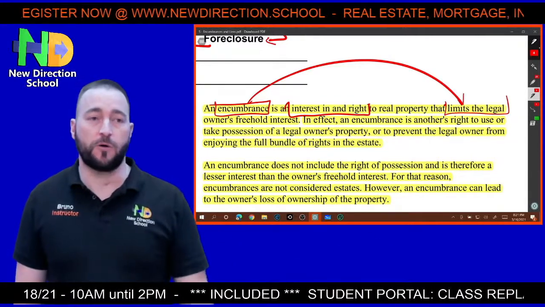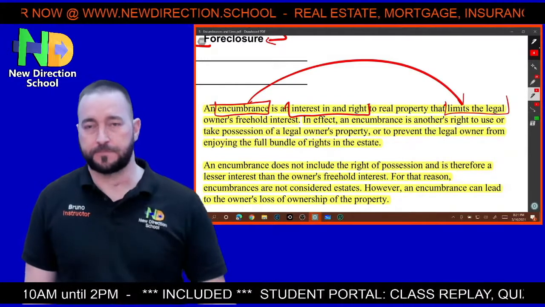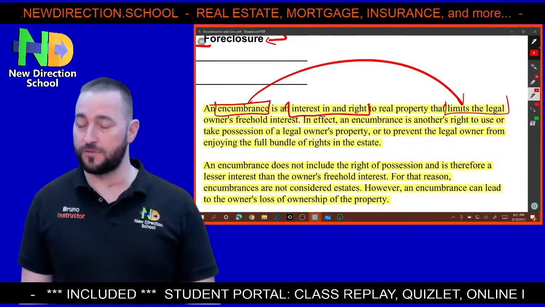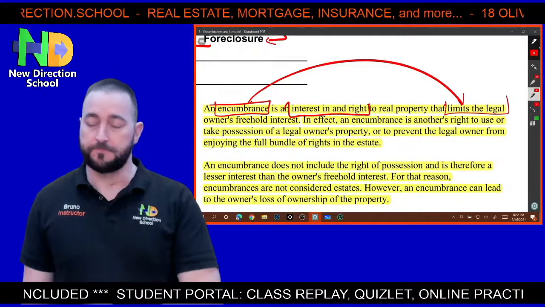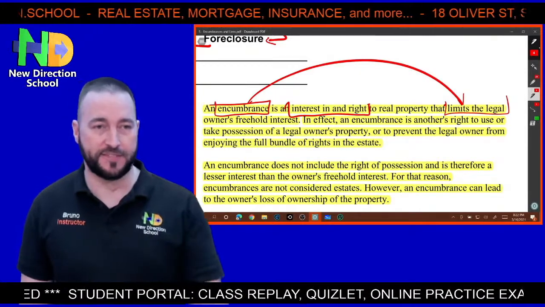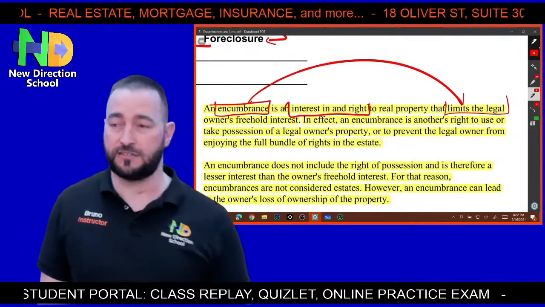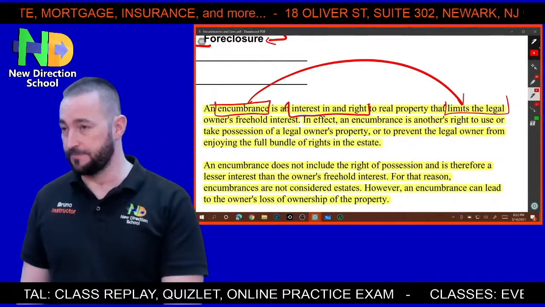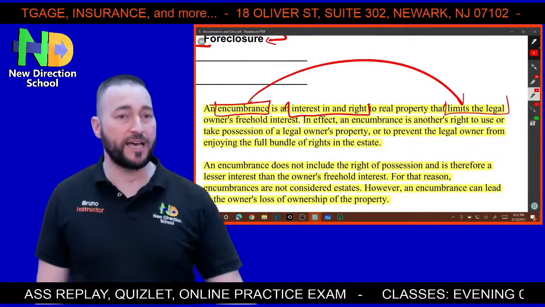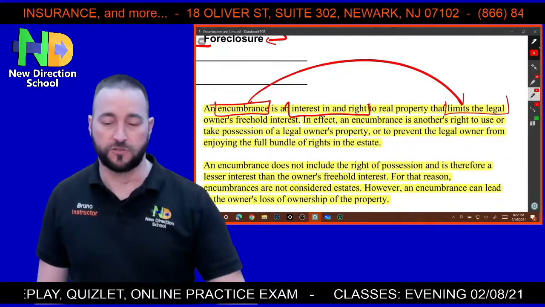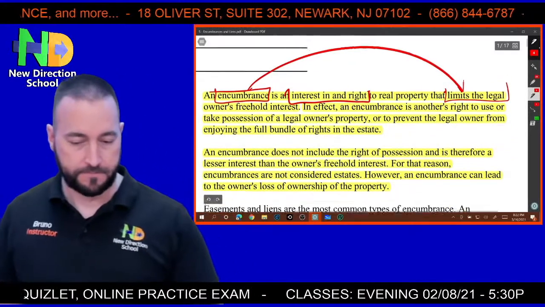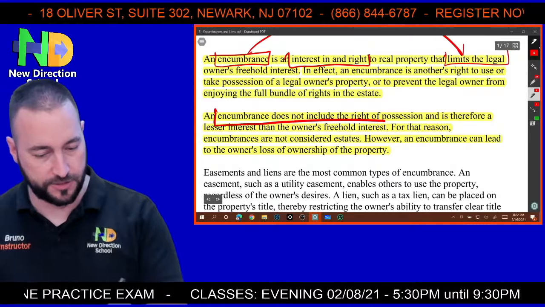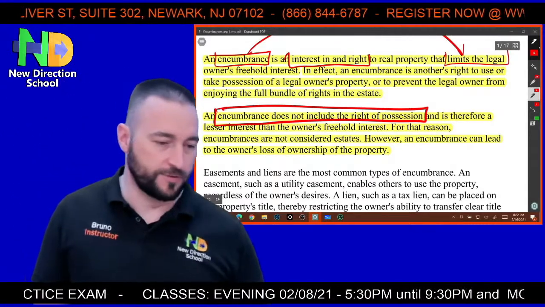The difference between these is that one has the right of possession, the other one doesn't. Under the ones that don't have the right of possession, we have encumbrances and we have public interests. So a bank does not have the right of possession of the property, but they have a claim against the property. If you don't pay, they foreclose. The city does not have the right of possession, but they have an interest or a claim. So if you don't pay, they foreclose, and so on. So an encumbrance does not include the right of possession.